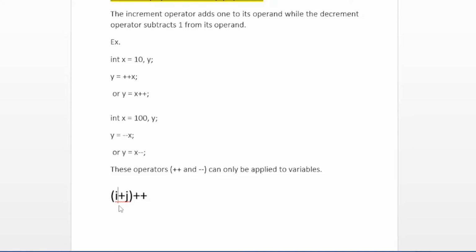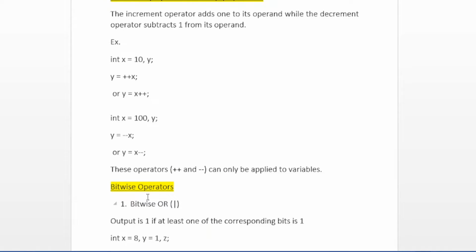So we can't apply these increment and decrement operators to expressions. These can only be applied to variables.